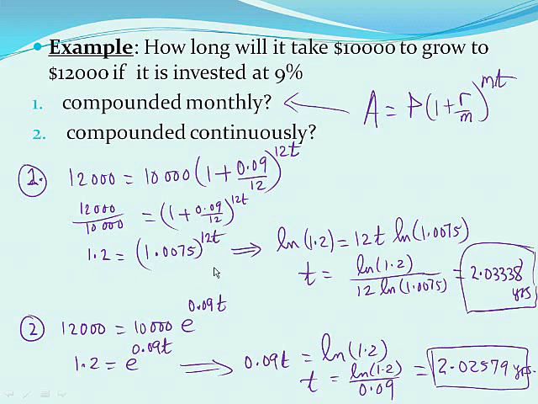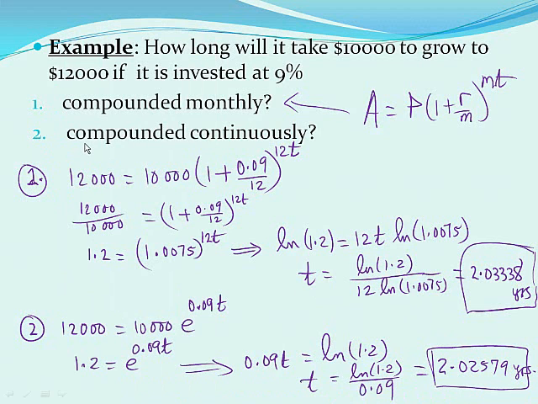So this exponential equation is what we need to solve. Notice that the variable is in the exponent. To solve this one, we need to take the logarithms on both sides. Log 1.2 will be 12t multiplied with the log 1.0075. So keeping the variable t on one side, I can get log 1.2 divided with 12 times log 1.0075 as the value for t.